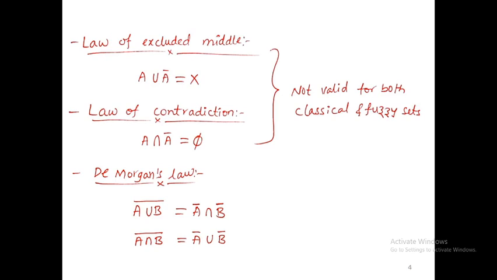So these are the properties. And if you go for other properties, the law of excluded middle property. Under this property, A union A complement. A is nothing but one set. A complement means other than the A set in the entire universe of discourse.